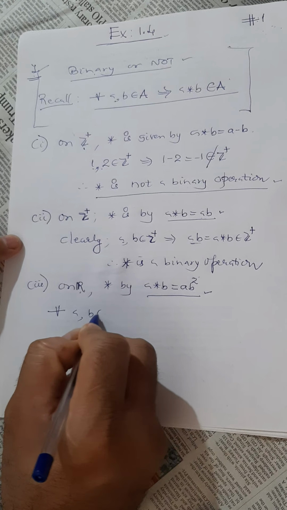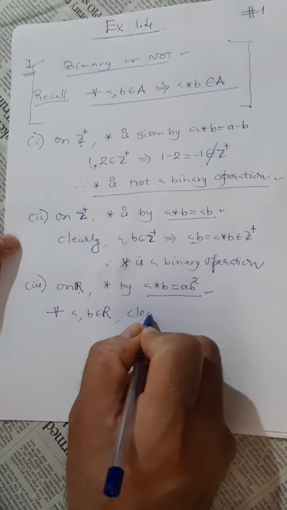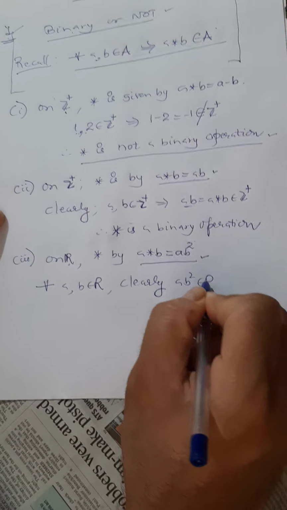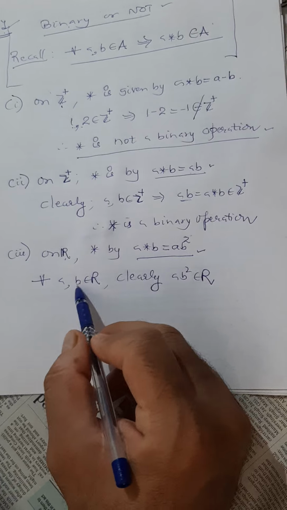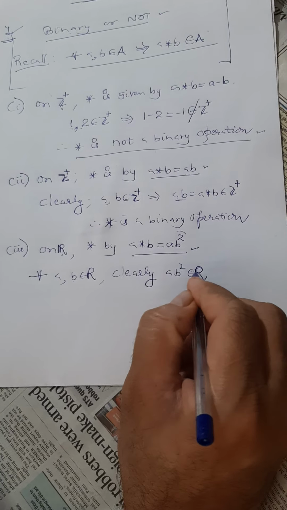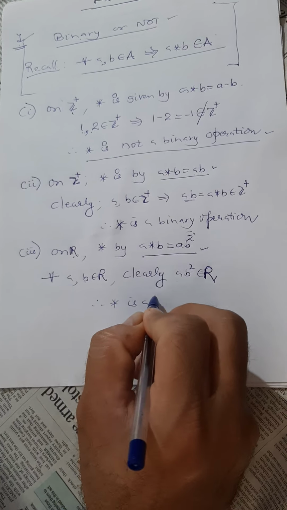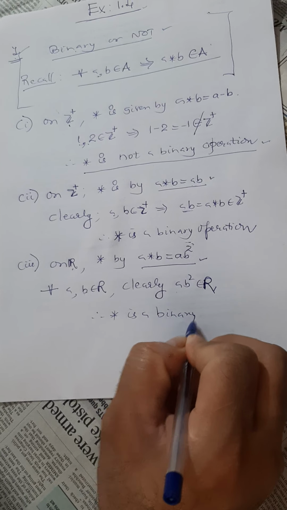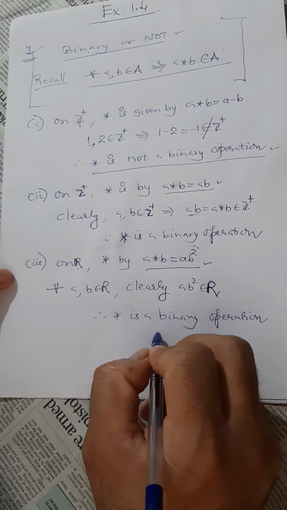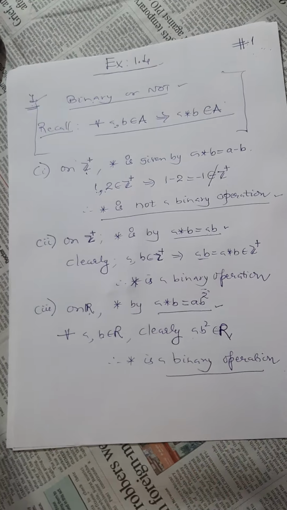So for every A, B belongs to R, clearly A B square is also in R, because if you square a real number it is a real number, and if you multiply these two, that is also a real number. Therefore asterisk is a binary operation. This way we can check whether a given operation is binary or not.